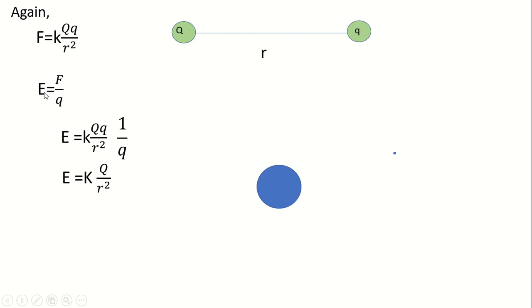And electric field intensity can also be calculated by this formula. So if a test charge is given in any problem, then you will calculate the electric field intensity by the formula E equals F by q.